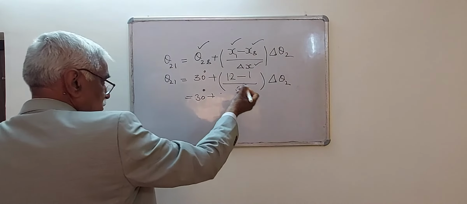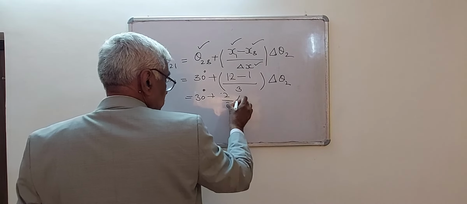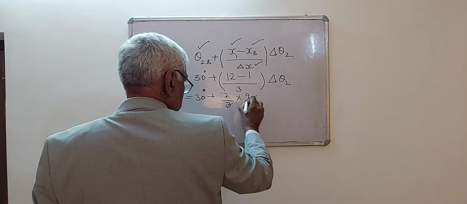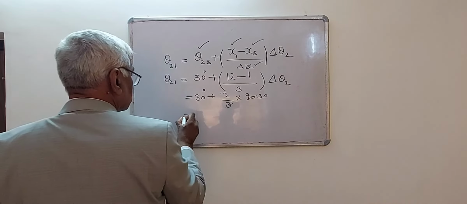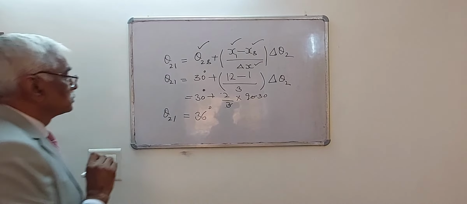I have presented this formula earlier. It is 1.2 by 3 into 90, plus 30, and it comes out to be 36. Theta 21 is 36.